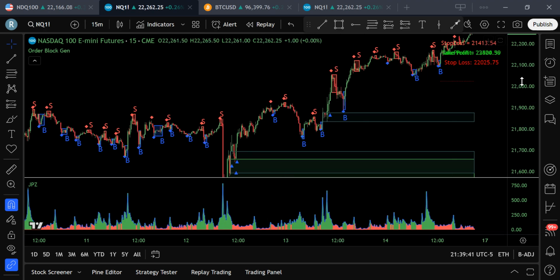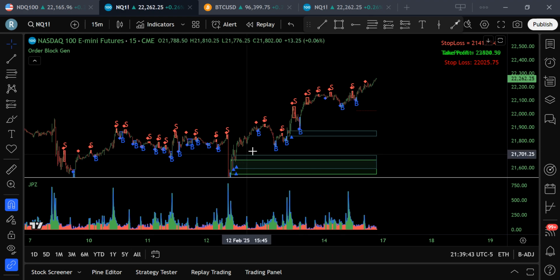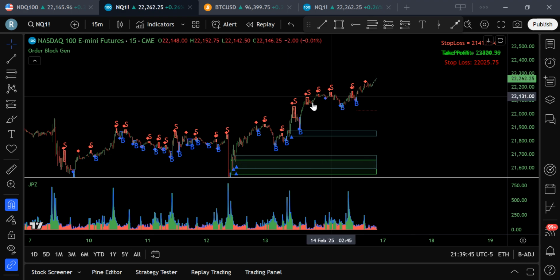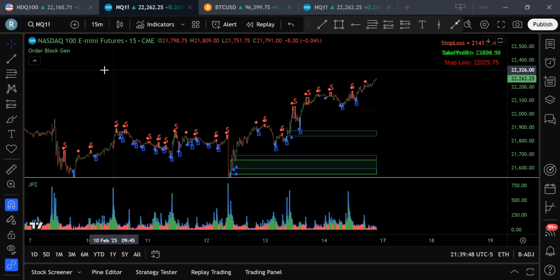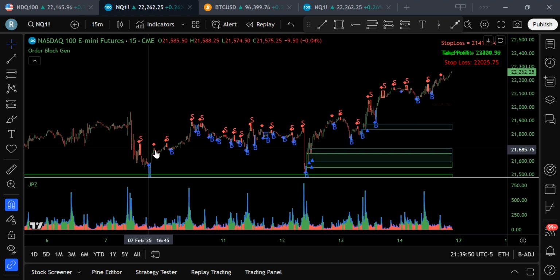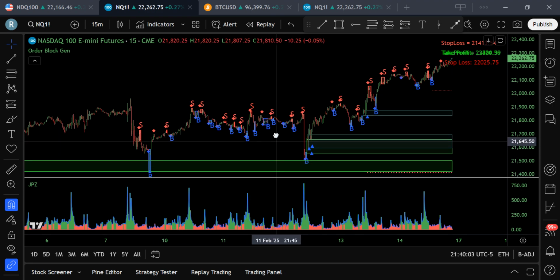And we can see just another sharp move up since last week. So I want to put that on here and point out, an indicator like the order block gen will give great scalping entries where these bearish order blocks are holding for some shorter moves.